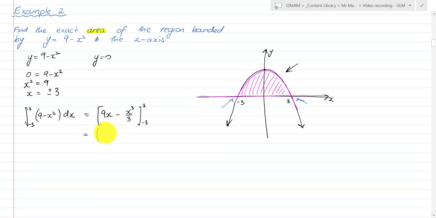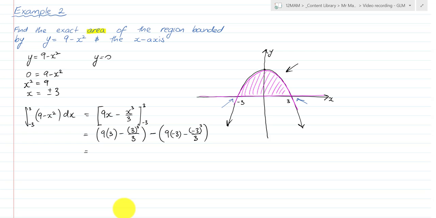And now I'll just substitute those in. So first I substitute in the upper terminal: 9 times 3 minus 3 cubed over 3. And then I subtract what I get when I substitute in the lower terminal: 9 times minus 3 minus negative 3 cubed over 3. And typically we'll aim now to evaluate each bracket separately and then do the subtraction.